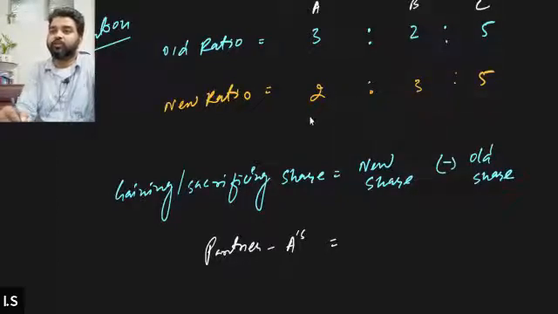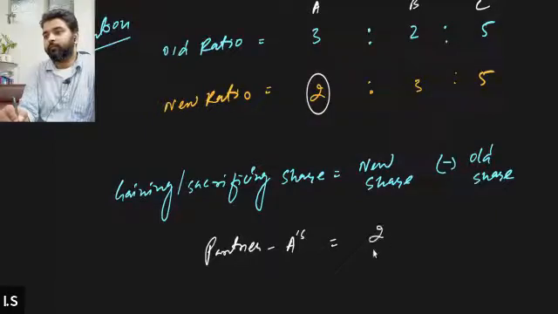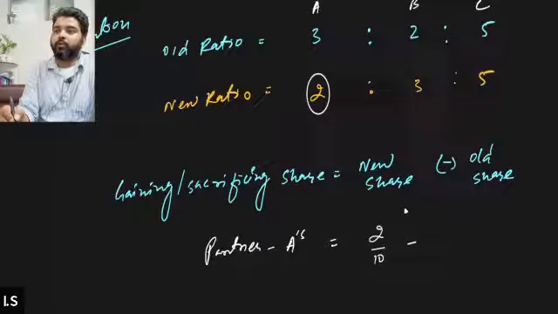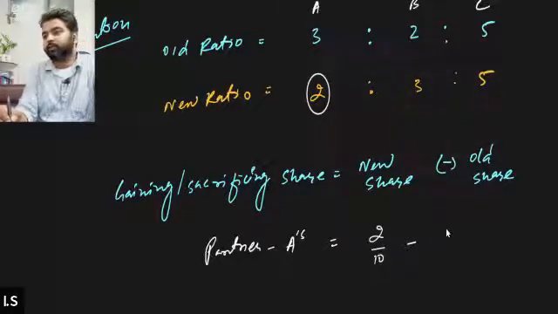Partner A's share is 2 out of 2:3:5, the new share. So that means A's share will be 2/10. Is that right? New share of partner A is 2/10, and the old share of partner A was 3/10. Is that correct?